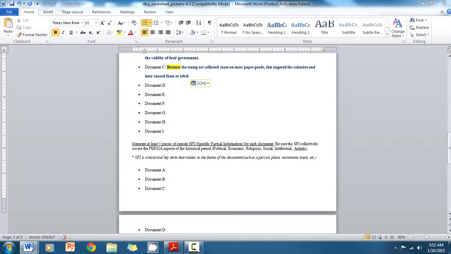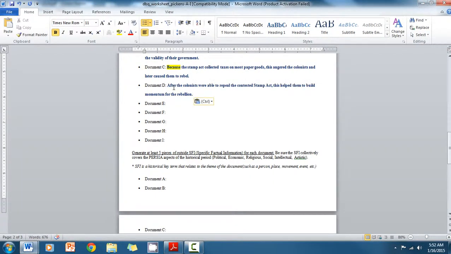When you move on down to document D, and after you revisit it, after the colonists were able to repeal the contested Stamp Act, this helped them to build momentum for the rebellion. And so after they speak out against the Stamp Act, obviously the Stamp Act Congress, then it's going to further entice the rebellion.